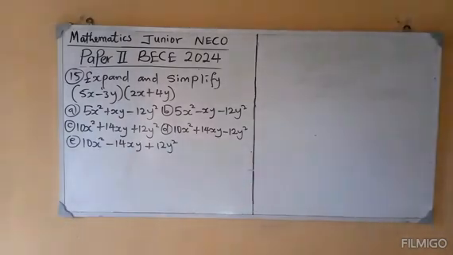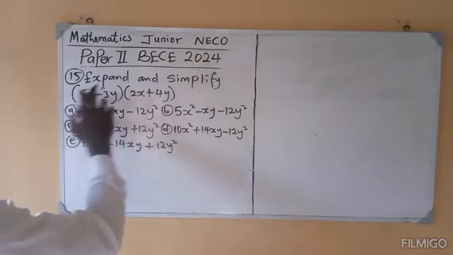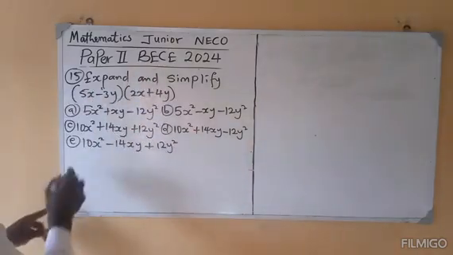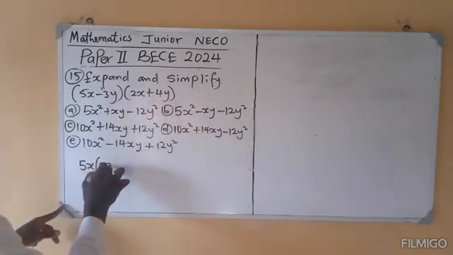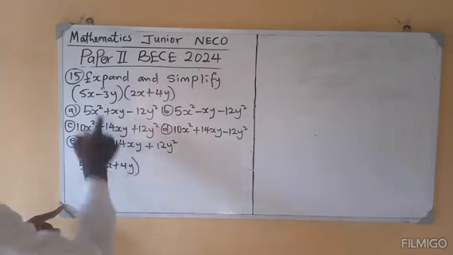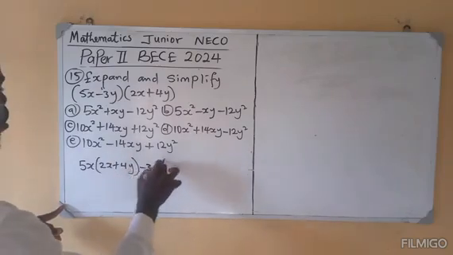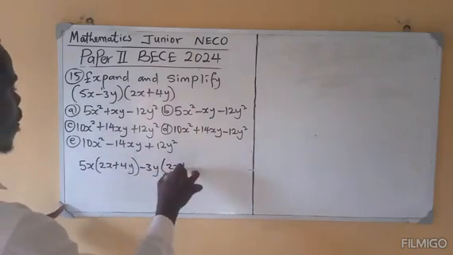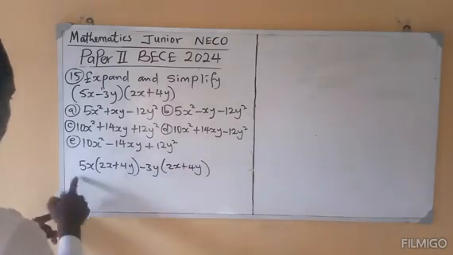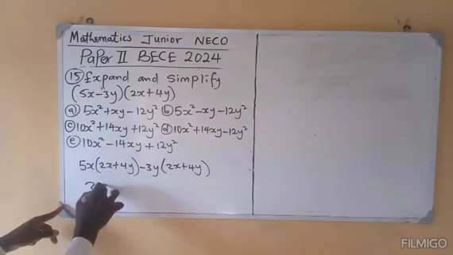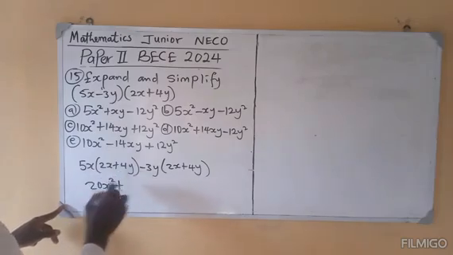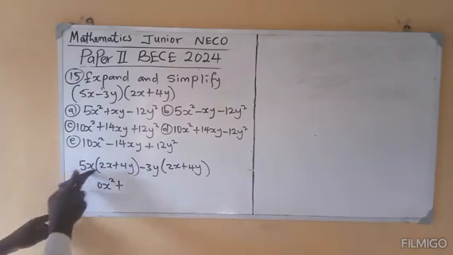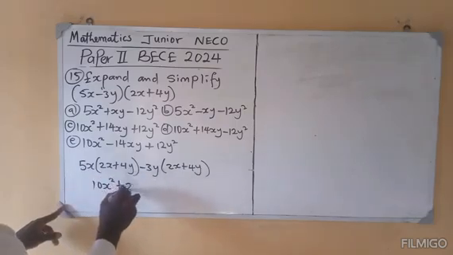All right, so to expand, we are going to use this to multiply everything in the other bracket. So let's do that. We have 5x, we multiply everything here, and minus 3y, we multiply everything here. 5 times 2 is 10x squared, but 5x times 4y is 20xy.